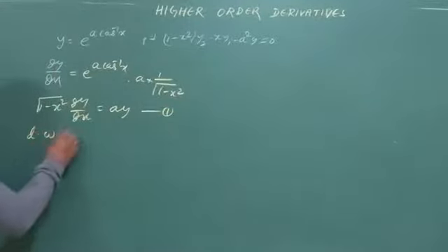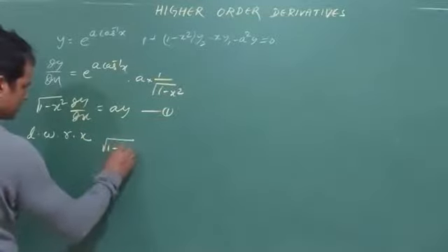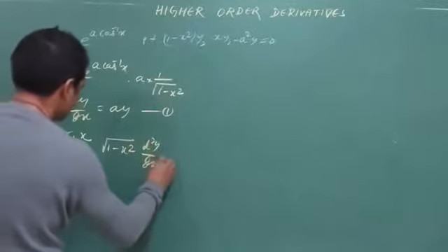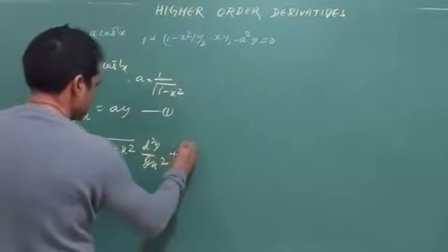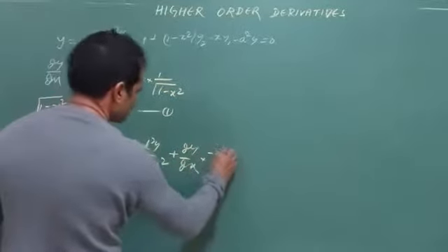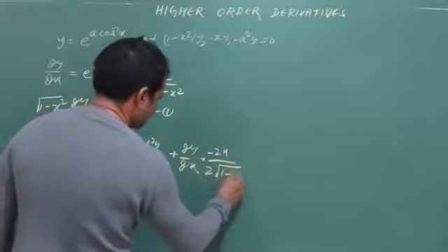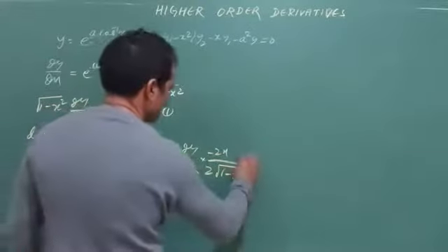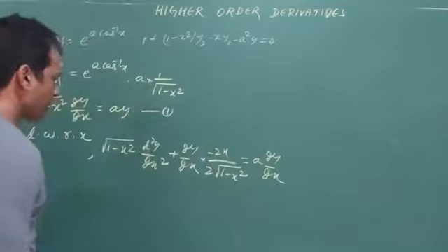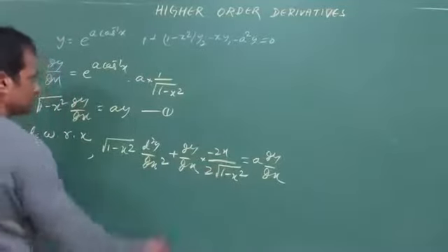Again differentiate with respect to x. Under root 1 minus x square into d2y by dx2 plus dy by dx into its derivative, which is minus 2x by 2 under root 1 minus x square, is equal to a dy by dx. The 2 cancels out, take LCM.